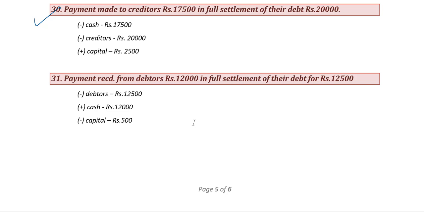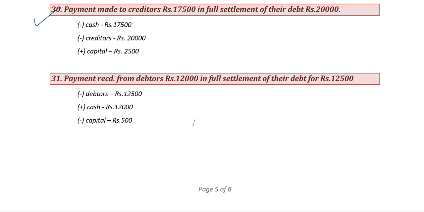Payment made to creditors rupees 17,500 in full settlement of their debt of 20,000. So we owe them 20,000, but we are going to make a payment to the creditor of only 17,500 in full settlement of the debt. So the difference, which is 2,500, is discount received.